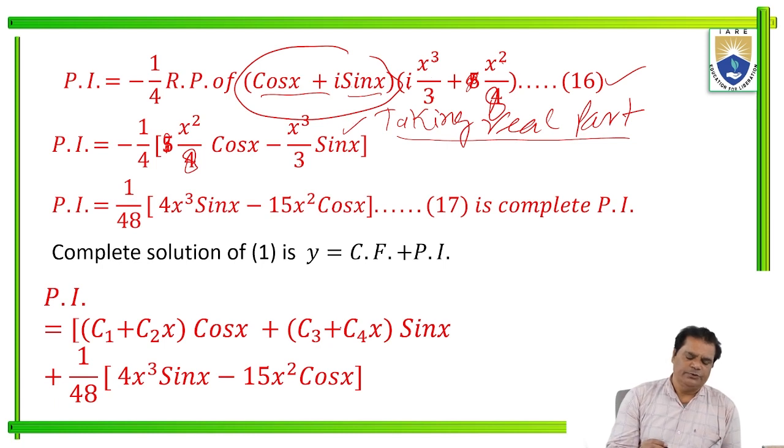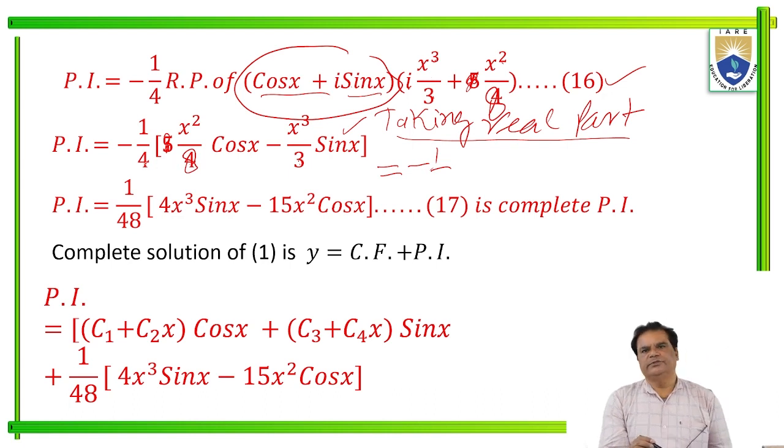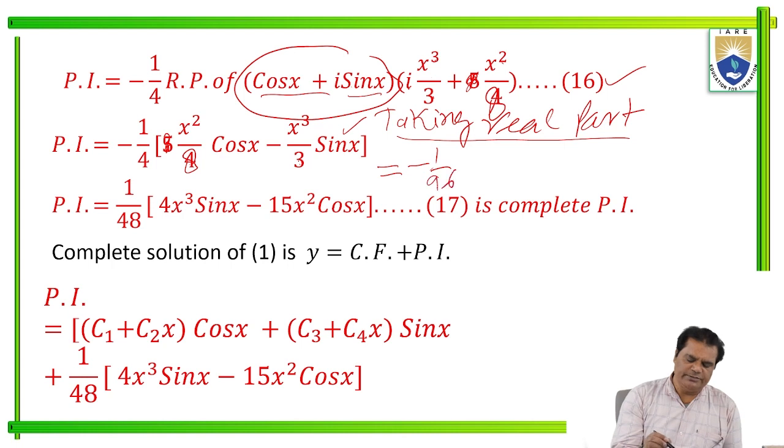Now this is equal to, multiplying minus 8 times 3 is 24, 24 times 4 is 96. So this is 96. Now in the bracket, x square, 8 and 3 LCM is 24, so 3x square cos x and minus 8x cube sin x.